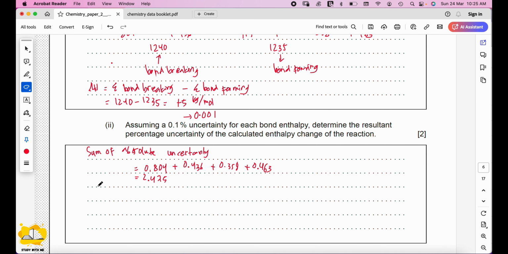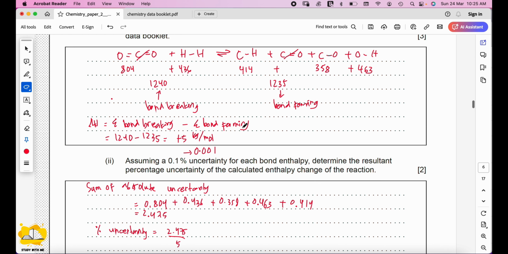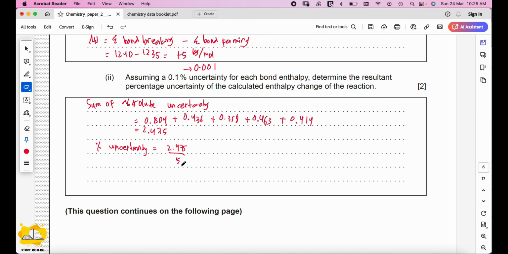So to calculate percentage uncertainty, you can just do this calculation divided by 5 because it's 5. I forgot one more, 0.414 coming from this. So times 100, you will get 49.5% or 50%.